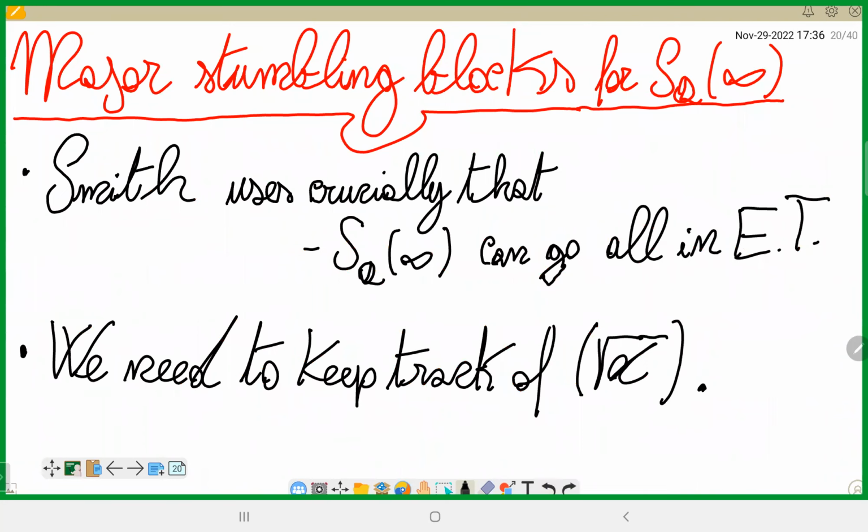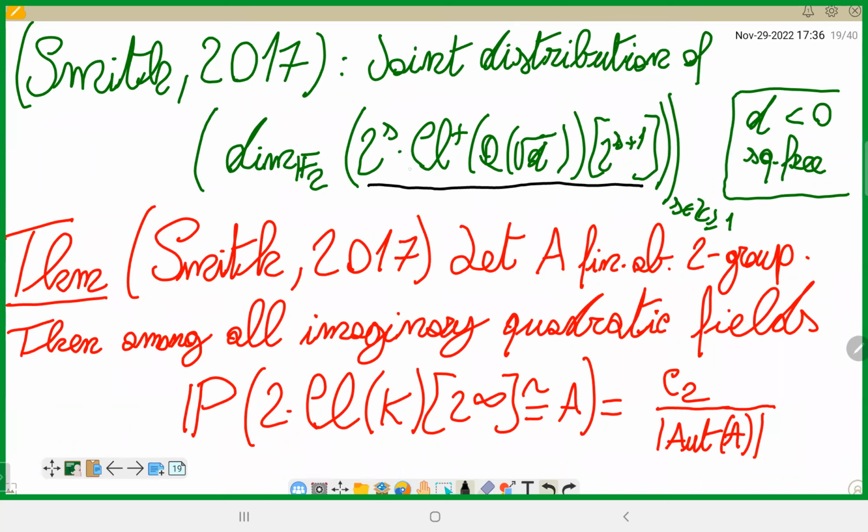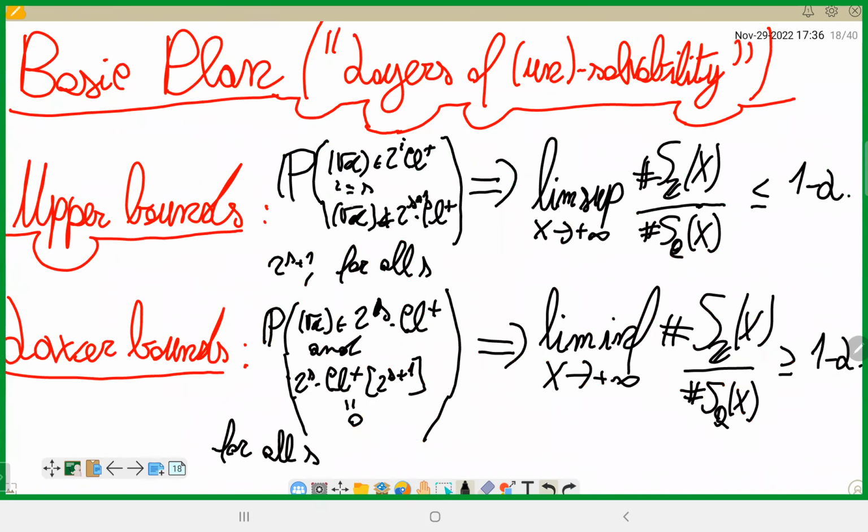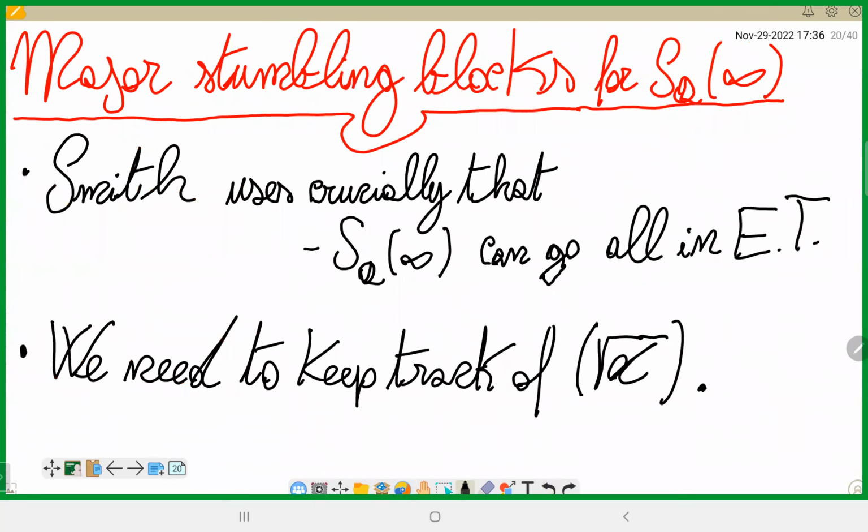So those were the major stumbling blocks that we had. Now the idea, of course, once you have such a result, where you're controlling exactly the spaces you want, you think, okay, now I'm in good shape, I can probably really do something about this. But one of the key problems was that Smith used in a crucial way that the negative of the set SQ infinity, so the set with all prime factors that are 1 modulo 4 or 2, can go in the error term.